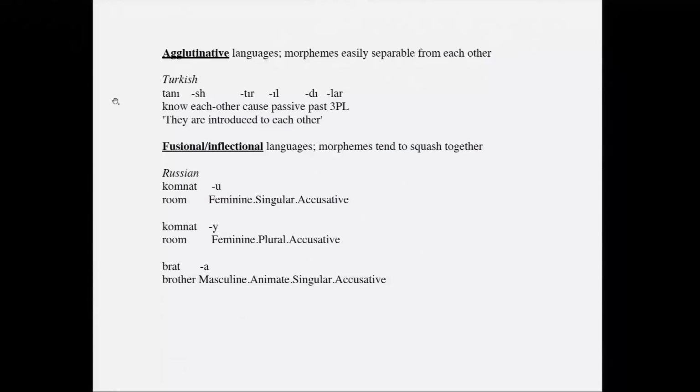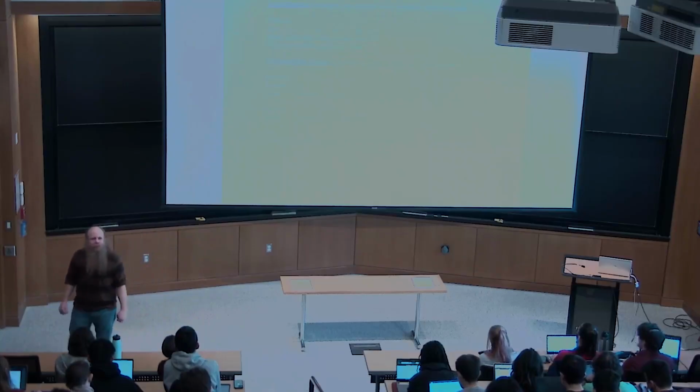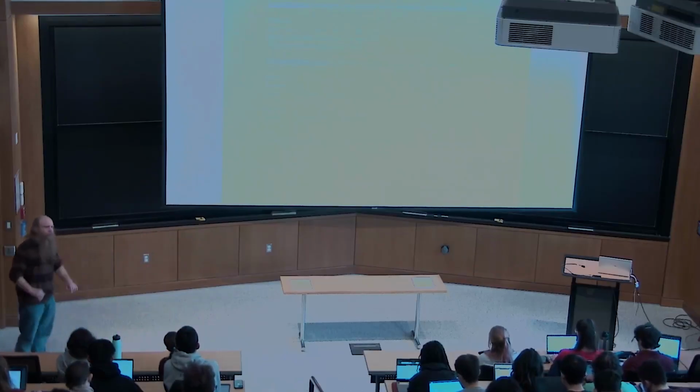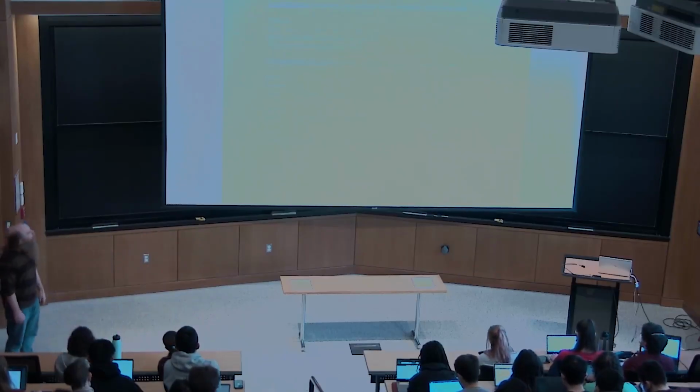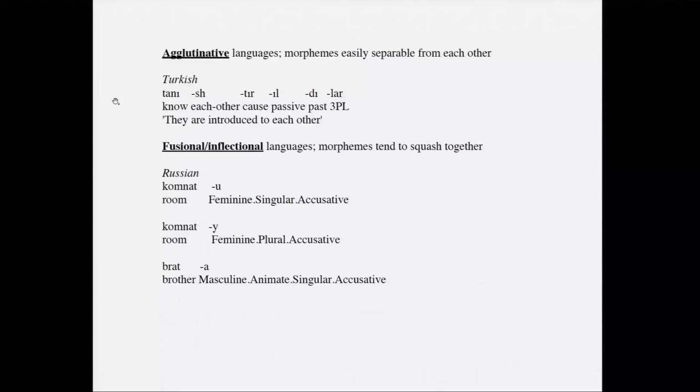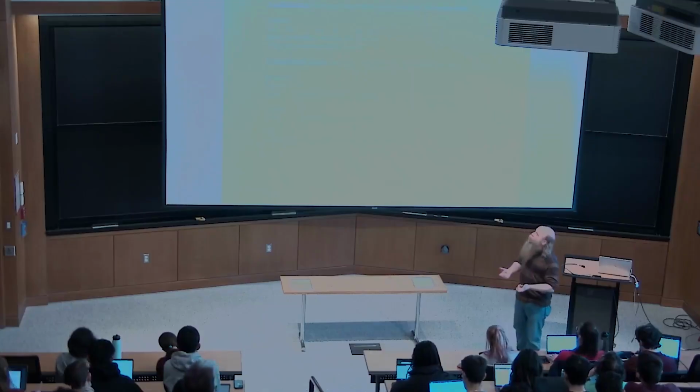So this is another, again, informal way of classifying languages. If we were having tests in this class, I would never test you on the meanings of these terms because they're fairly imprecise. But they're useful for giving people a basic idea of what you're looking at. Agglutinative languages are another way people sometimes compare languages. They are languages in which there are typically a bunch of morphemes that are bound, and they are easy to separate from each other.